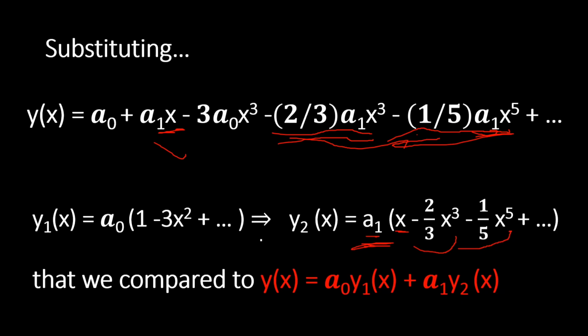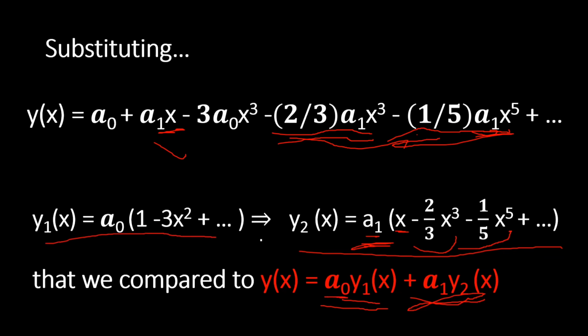So we compare with this. From here to here is just like from here to here. You can see that this is our a0 out here, and you can see our a0 here.